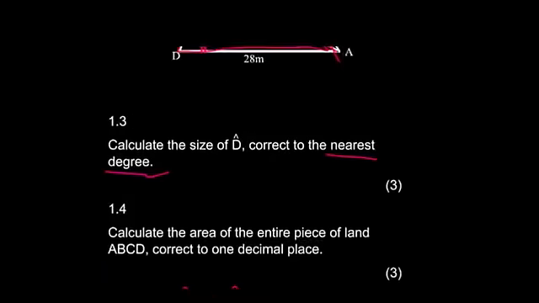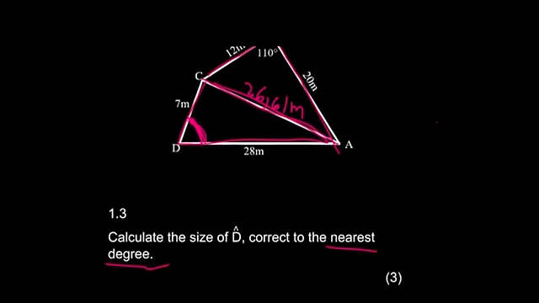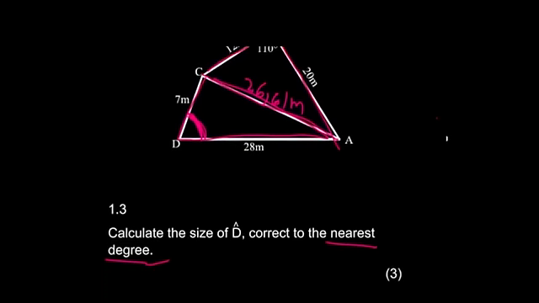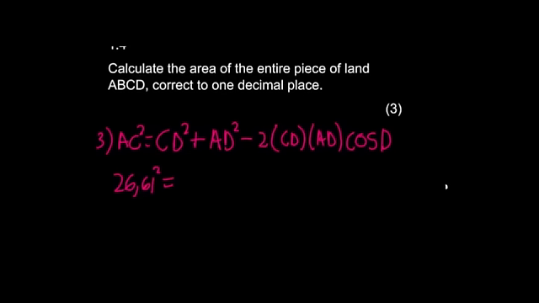Okay, let's substitute numbers now. How long is AC? We said AC is 26.61. So 26.61 squared is equal to CD squared plus AD squared. CD is 7 and AD is 28.